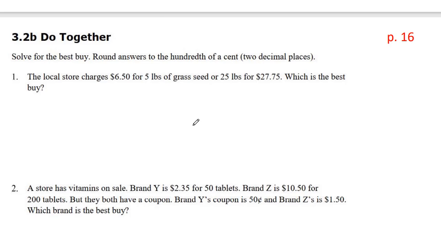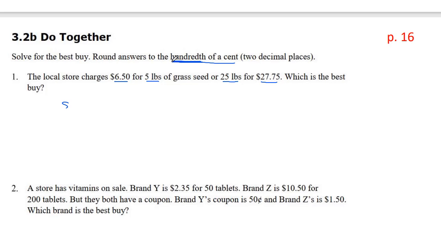For the 3.2B do together, we're going to solve for the best buy, and we're going to round answers to the hundredth of a cent, so 2 decimal places. That way we can easily compare if we get long decimals on our calculator. So we have a local store charging $6.50 for 5 pounds of grass seed, or you can get 25 pounds of grass seed for $27.75, which is the best buy.